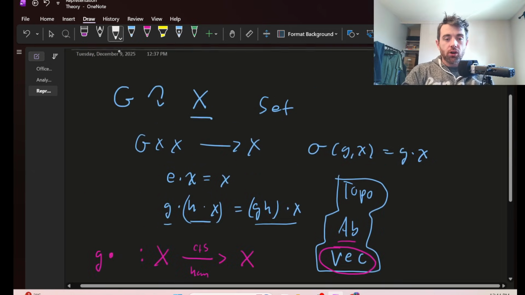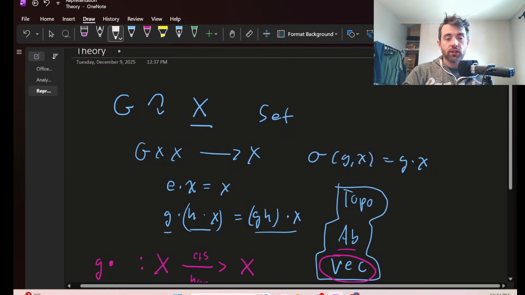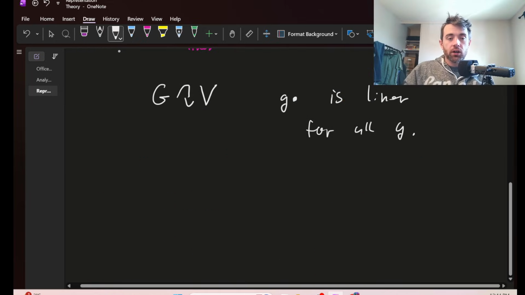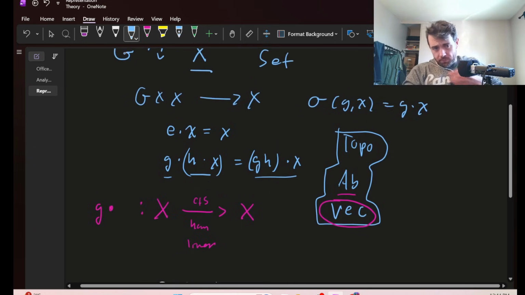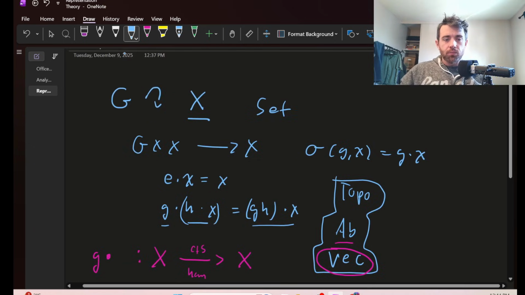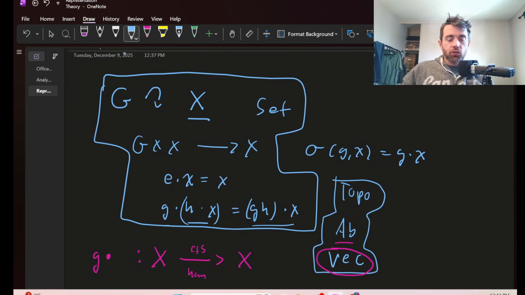So let's recall the definition of a group action, right? There's another equivalent definition where a group action is equivalent to giving a homomorphism from your group G to the set of bijections on the set X. So how does one go from the first definition of a group action? Well, it's fairly straightforward.